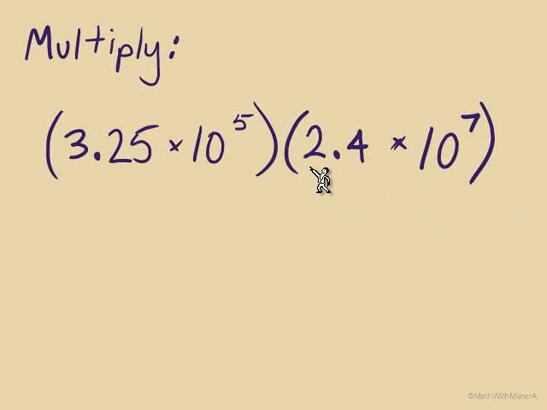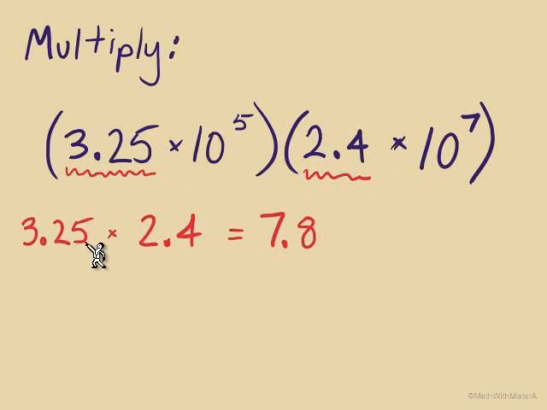And a way that we can accomplish this would be that we multiply these number parts, the 3.25 times 2.4, it would equal 7.8. And what we have to think about here is that the only operations we have, aside from these powers of 10, are multiply. So I can multiply in any order. I can multiply the 3.25 times the 2.4, and then I can multiply the 10 to the 5th times 10 to the 7th.